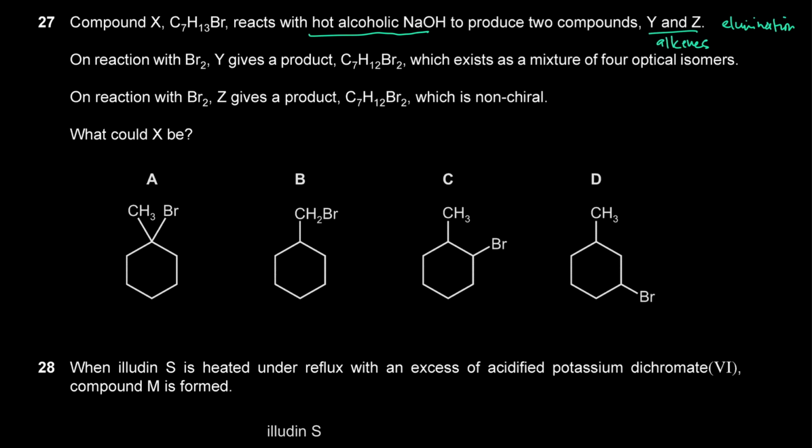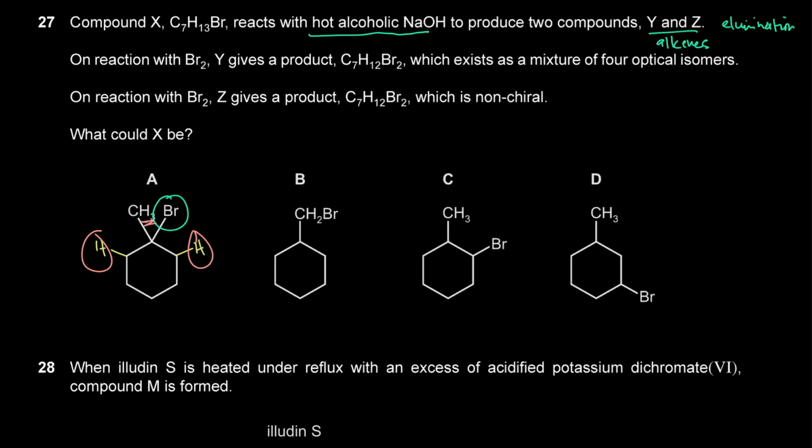Now when we talk about elimination, what we get is a halogen being removed and a hydrogen from the neighboring carbon being removed. The halogen is on this carbon, and the neighboring carbon's hydrogen will be removed. Now we can remove this hydrogen or this hydrogen, they're the same thing, or we can remove a hydrogen from here.